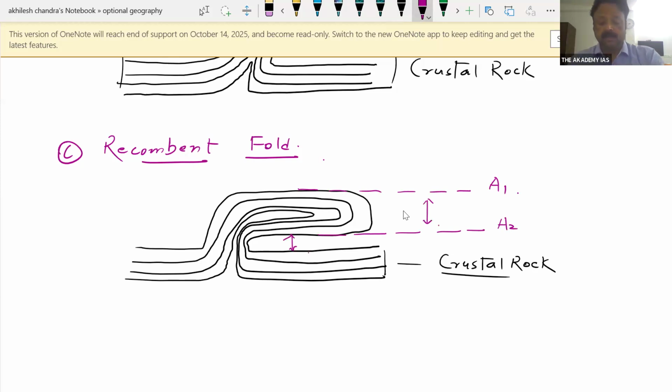Then we call it a recumbent fold. Okay, both the limbs become parallel as well as horizontally parallel. Then it is called a recumbent fold.